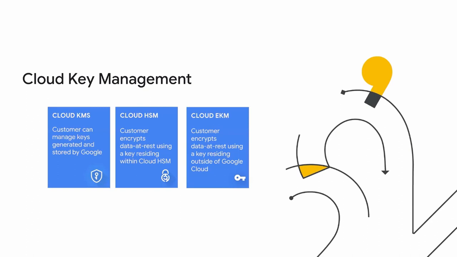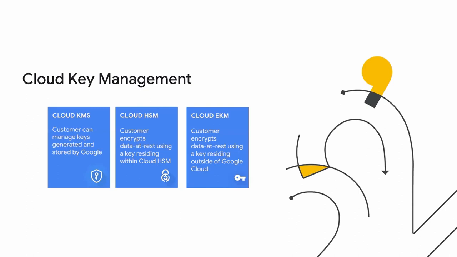And then you can also have an external key manager, and various cloud services provide support for external key managers. In this case, you can encrypt data with encryption keys that are stored and managed in a third-party key management system that is deployed outside the vendor's infrastructure, in this case, Google's infrastructure.